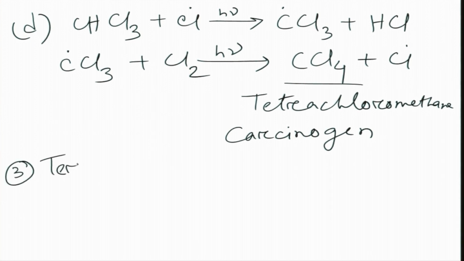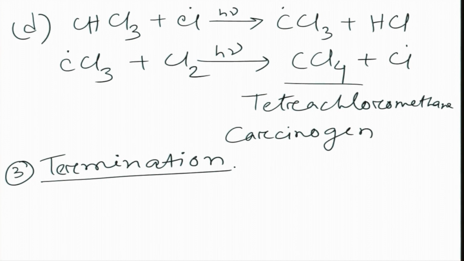So, the last step of free radical mechanism is termination, that is the ending. Okay. So, termination can occur due to the consumption of all the reactants or side reactions.